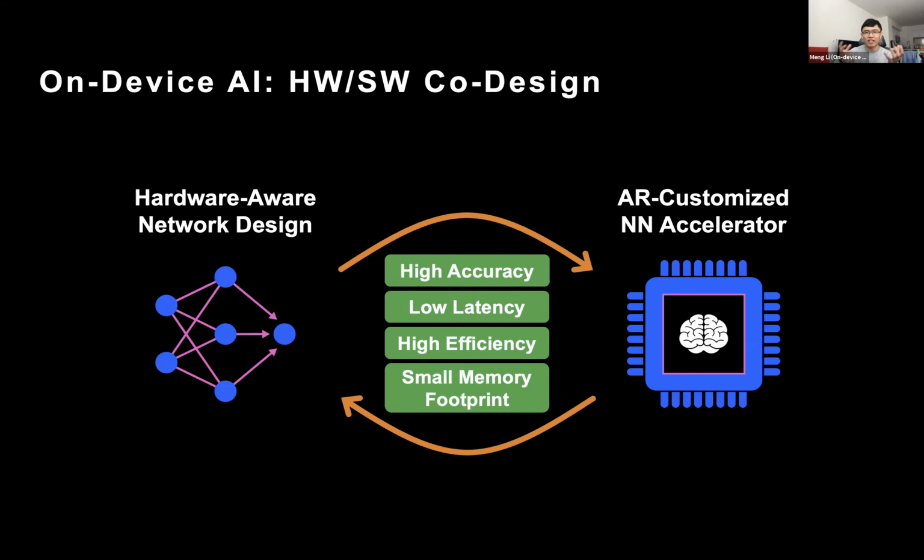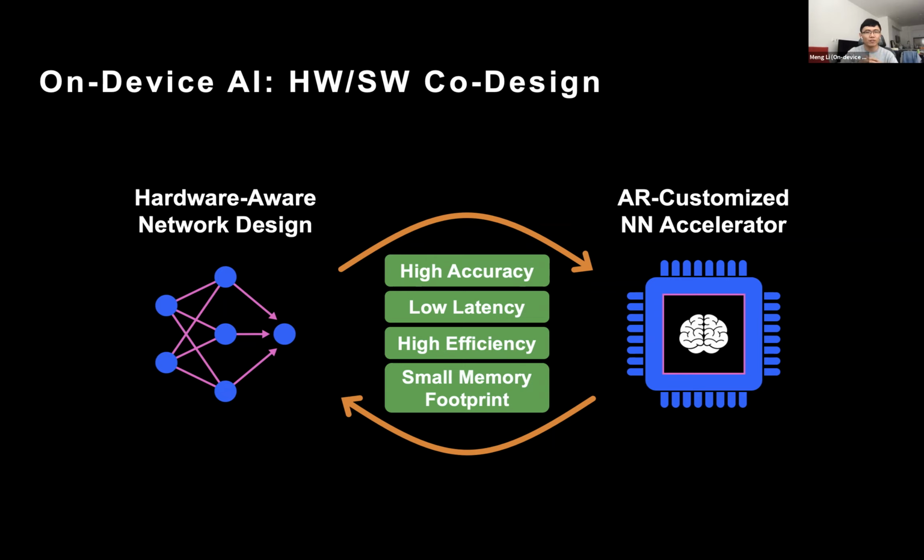So here is a figure that illustrates the high-level idea for hardware and software co-design. Essentially, it is a closed loop that consists of two major components, including the hardware-aware network design and the AR customized neural network accelerator.